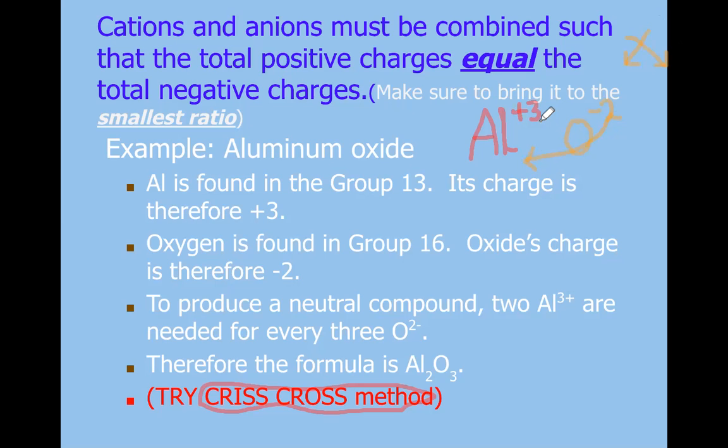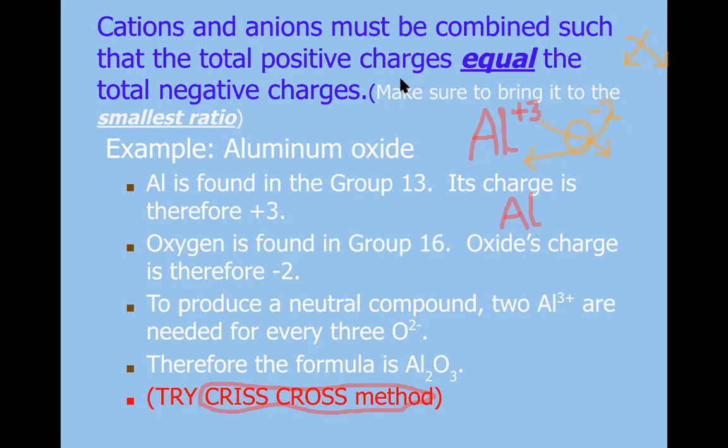I'm going to bring the 3 next to oxygen. I'm going to bring only the numbers, not the charges. Okay, so let me rewrite that. So aluminum. Then crisscross, so swap the numbers.